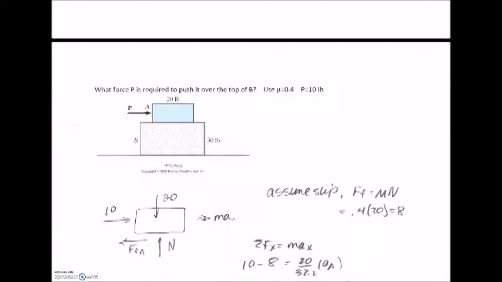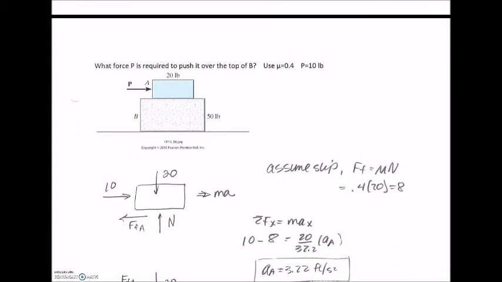Let's assume slip, and let's draw our free body diagram of the top block right here. I'm pushing now with a force of 10 pounds. Got a mg, or a weight of 20. I got a normal force, force of friction going backwards. And that results in a mass times acceleration. So if I assume slip, we've already solved for the maximum force of friction, which is 8 pounds.